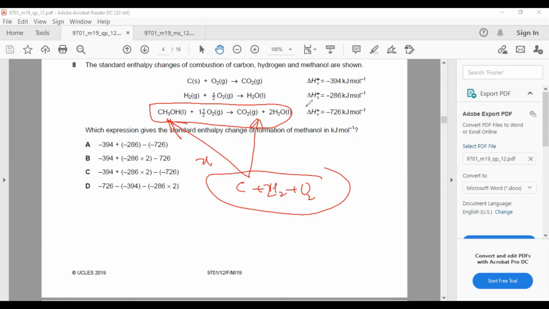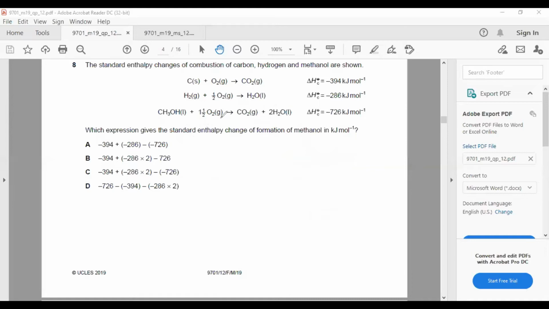Carbon dioxide formation and carbon combustion are the same. Formation of water and combustion of hydrogen are the same. This is also a long method. There are 3 methods to do this question, and one more, 4 methods. Method number 4: if you add all these 3 and make the equation, that is also possible, but this is not necessary.